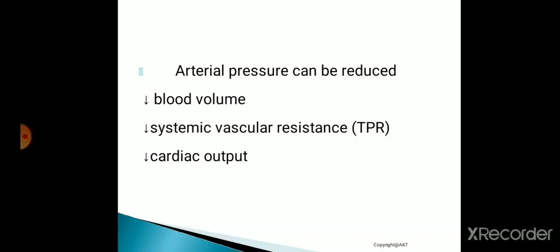If you dilate the arterioles, the resistance offered by the arterioles towards the artery can be reduced. And the cardiac output can be reduced in multiple ways, either by decreasing the blood volume or by dilating the veins. If you dilate the veins, the blood that is coming back to the heart, that is the venous return, can be reduced.